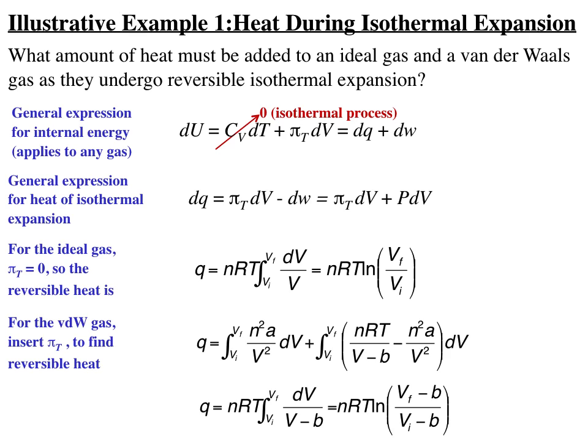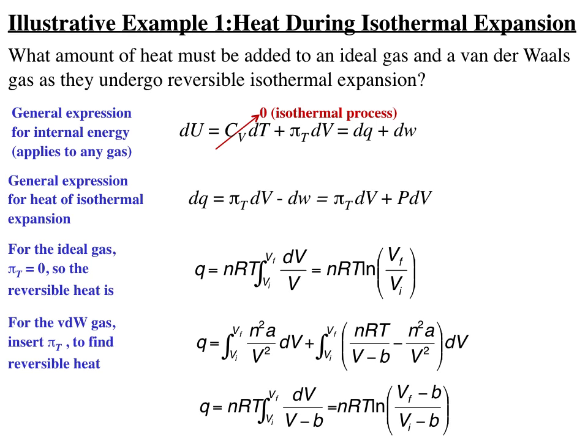Let's see if we can show how that must come about by beginning with the equation for the internal energy that is true for any gas, real or ideal. That is that dU is C sub V dT plus pi T dV. Now because the process is isothermal, dT is 0, so dU is just pi T dV.